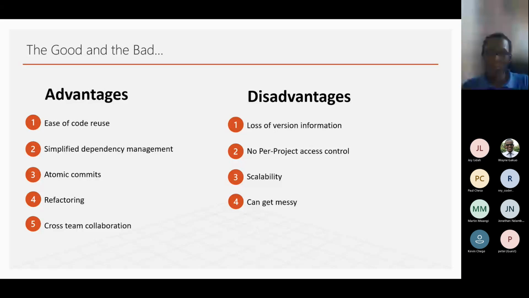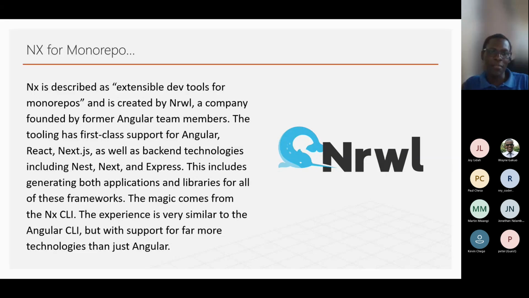So with the outlook of some of these issues that devs face day to day when utilizing monorepos, came in Nx. Nx is built by a company called Narwhal. The primary founders, one of the guys is called Sav Keen, the other guy is called, I think, Jeff Cross, and all these guys are former Google employees.